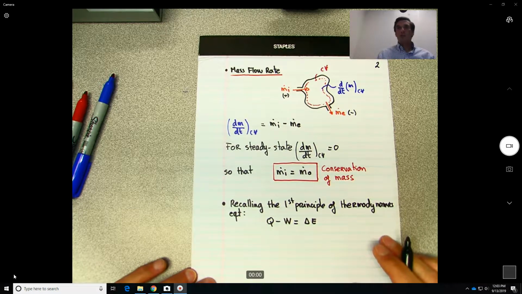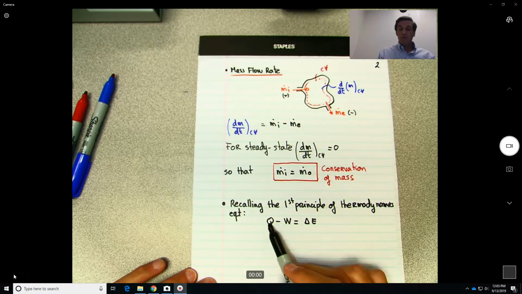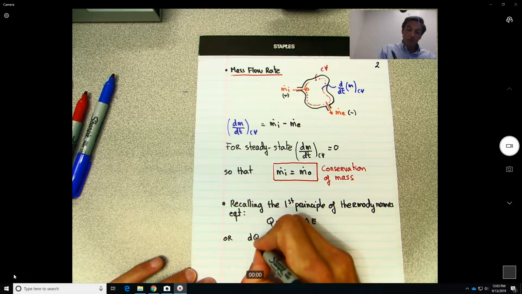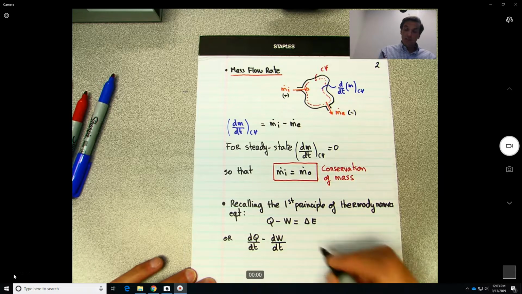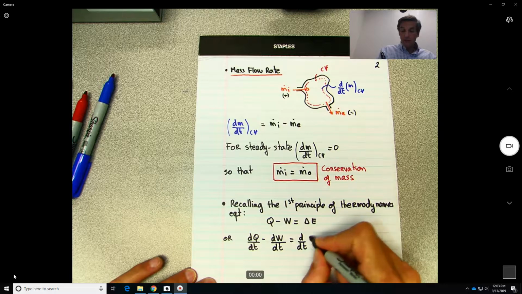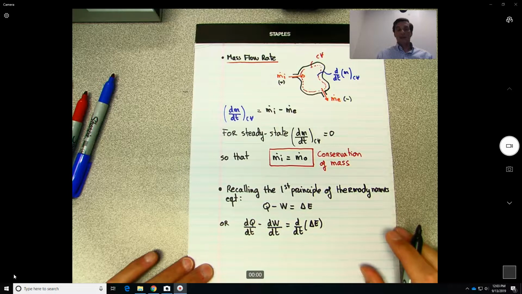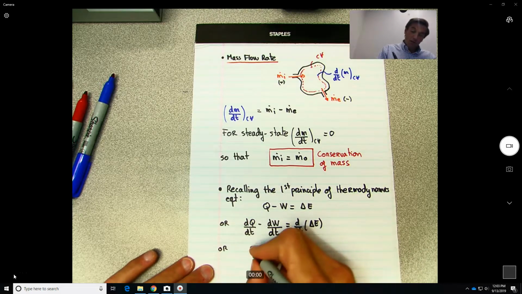Okay, so in this problem, again, since we have mass going in and out, we need to rewrite this expression as a function of time. So for the control volume, this becomes dQ/dt minus dW/dt equal to d/dt of delta E. Or this will be Q dot.